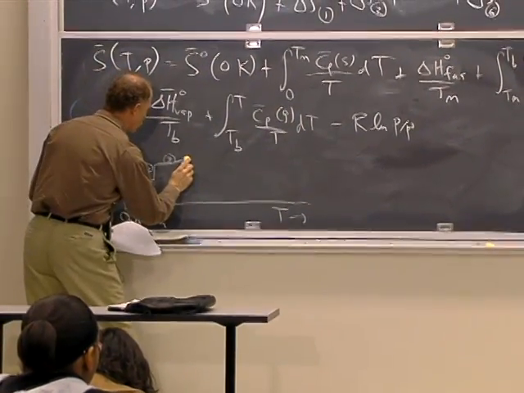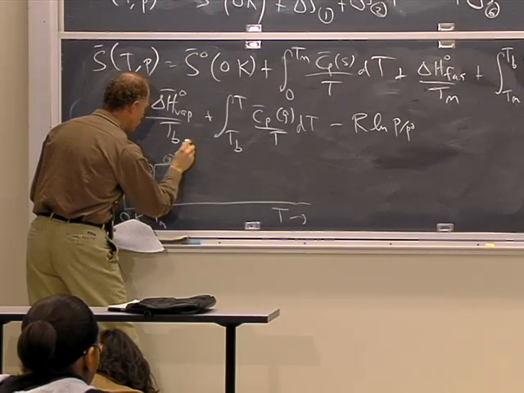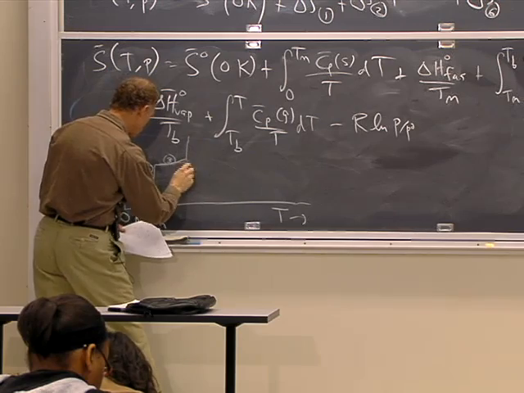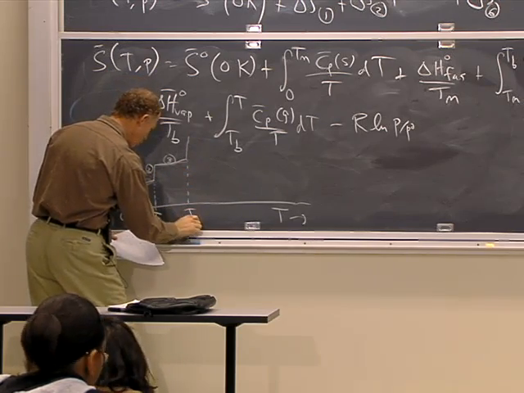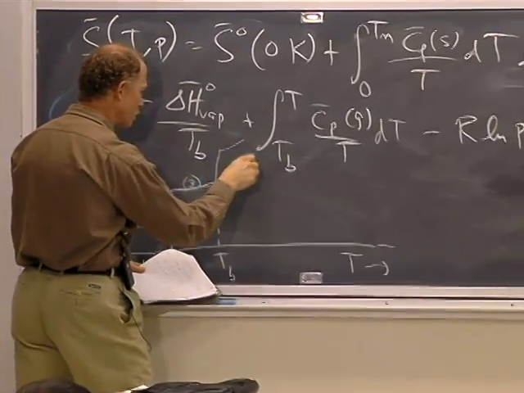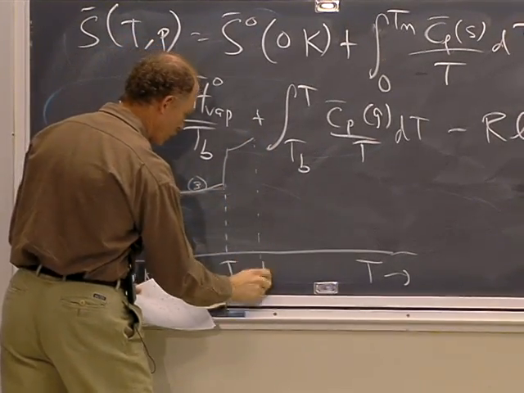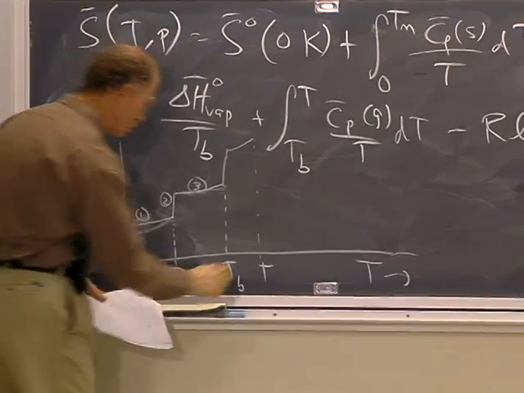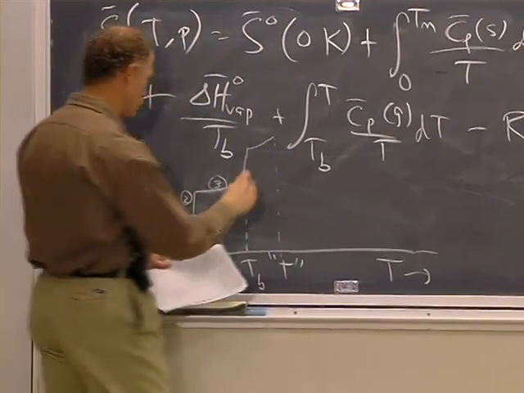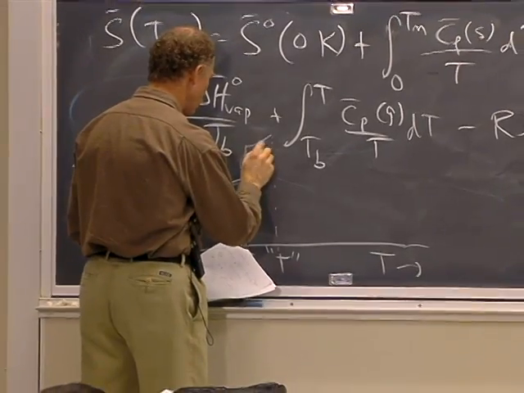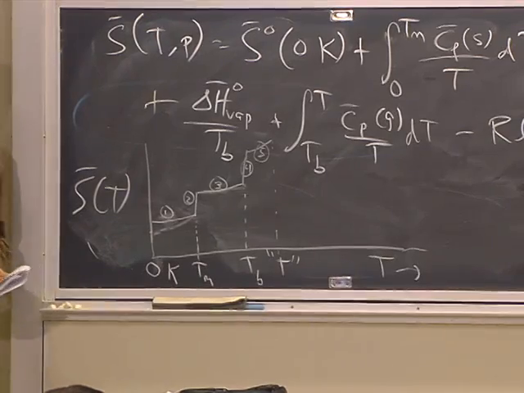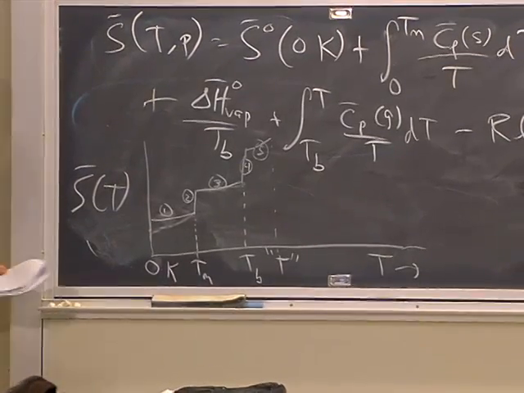And now I'm going to boil the liquid. So it's going to have some change in entropy. This must be my boiling point. And now there's some further change in the gas. And that gets me to whatever my final temperature is that I'm going to reach. 4 and 5. Great. So there's a monotonic increase in the entropy.